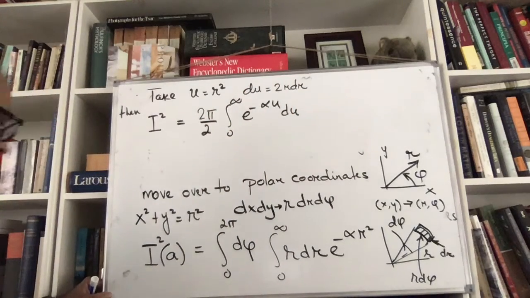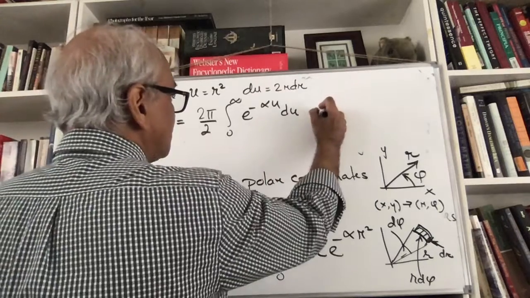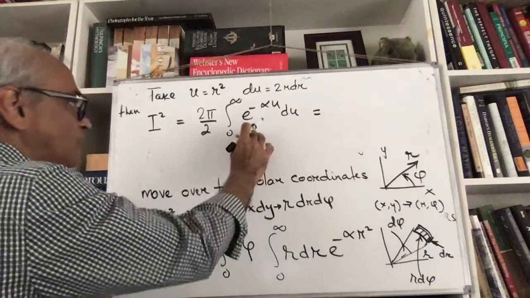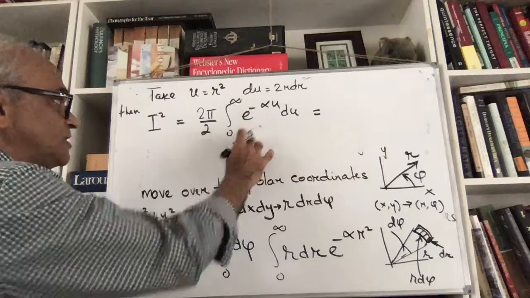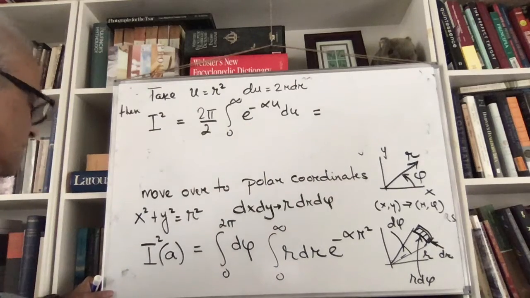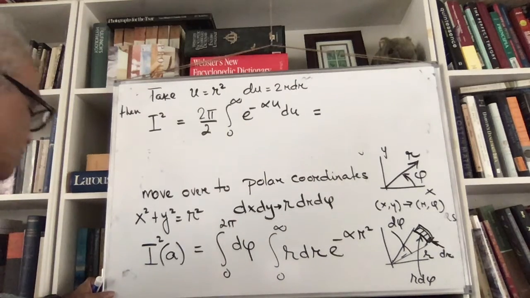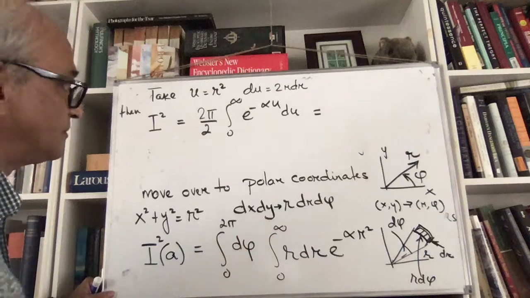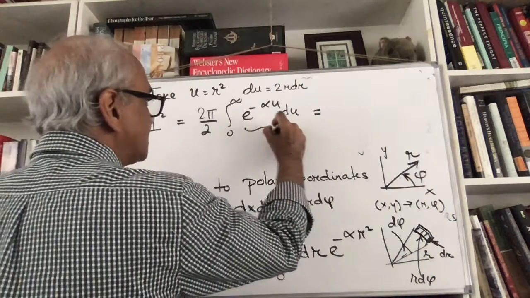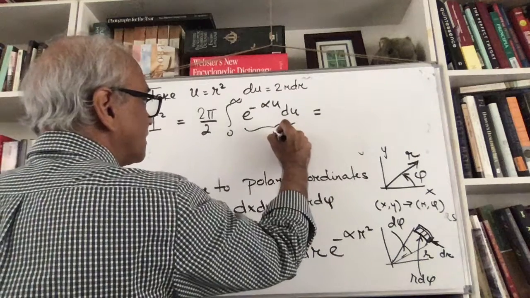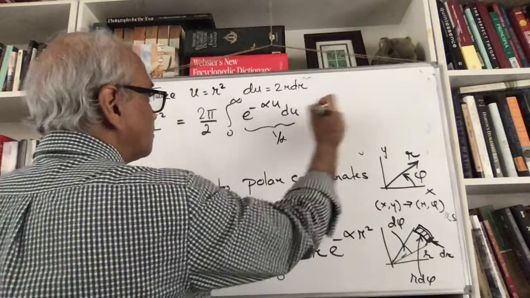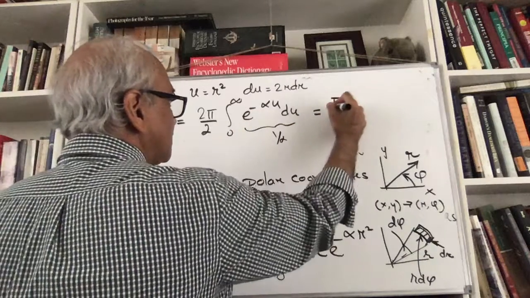Okay, and what do you get here? Well, remember, we already know how to solve this integration, right? And that integration would be simply 1 over alpha. So in the end, what you get is pi over alpha.